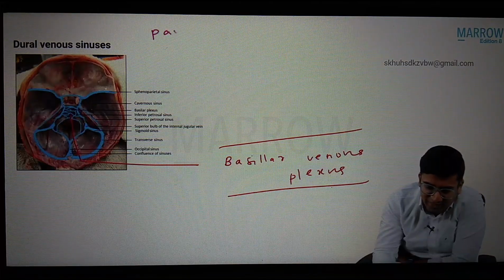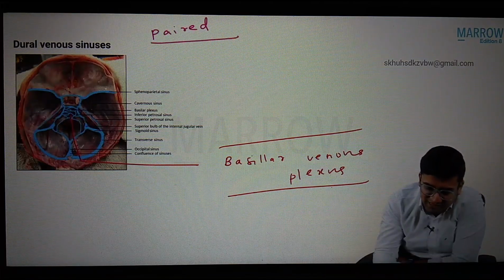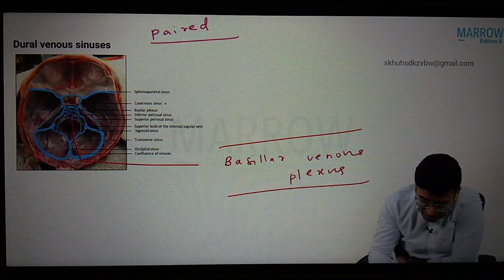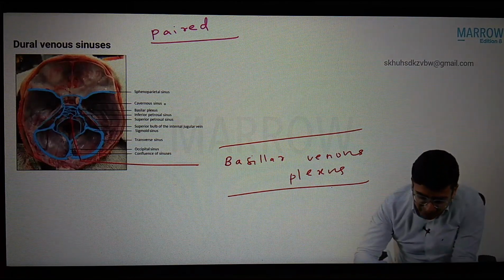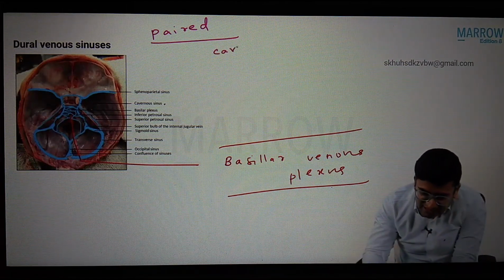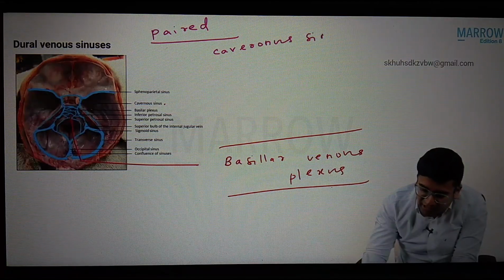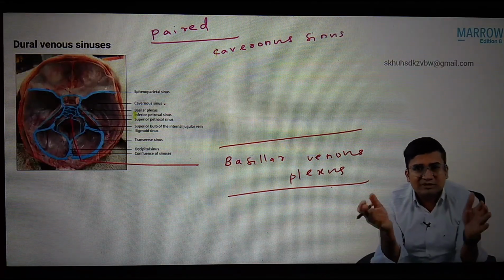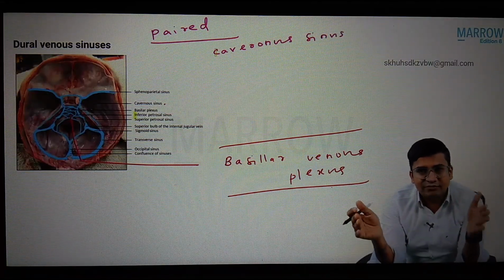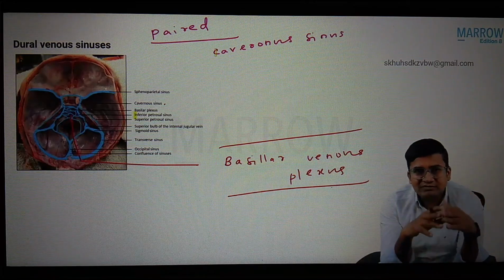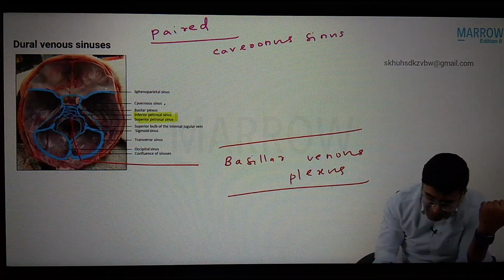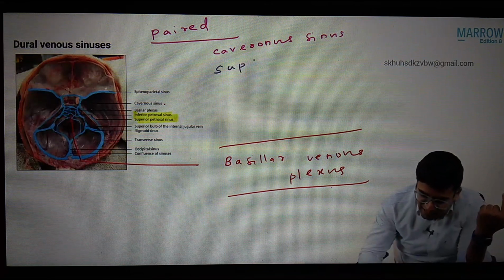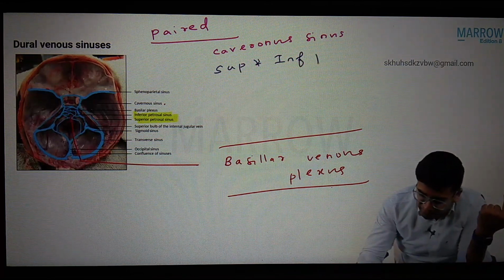Now the paired venous sinuses. Number 1, cavernous sinus. Cavernous sinus is present on either side of the body of the sphenoid. Next, the petrous temporal bone is present on either side. Above and below the petrous temporal bone, we have superior and inferior petrosal sinus.